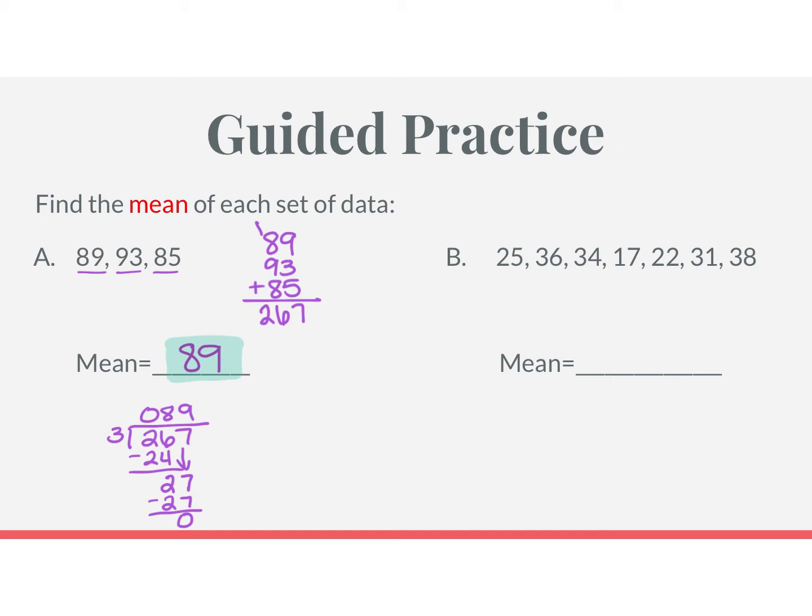For our next data set, we will add together the 7 numbers in that set of data. When we add the numbers together, we get a sum of 203. Next, we will divide by the amount of numbers that there are. There are 7 numbers, so we will divide 203 by 7.